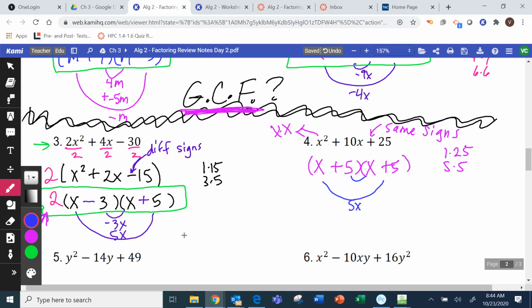So I got a 5x here and another 5x. Yes, that does add up to be 10x. But this is not my answer. Does anybody know why this is not my answer?